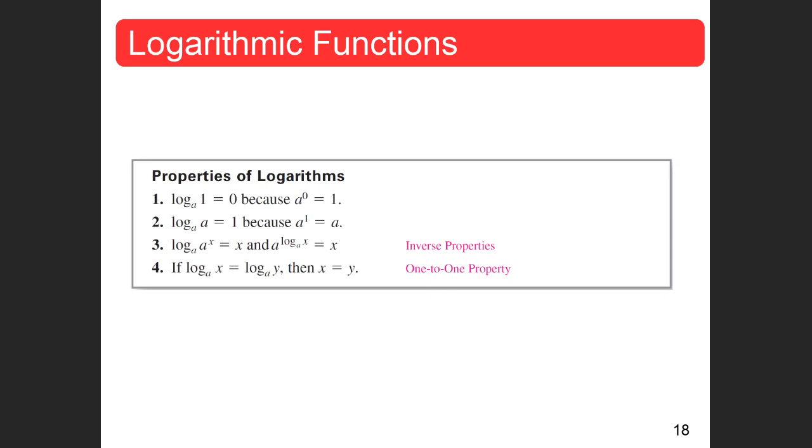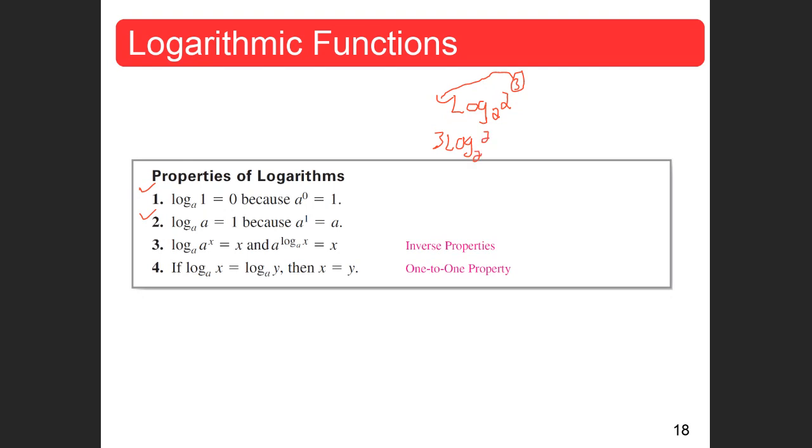Properties of logarithms. We already talked about 1 and 2 previously, but this one is a little different. It says the log base a of a to the x is equal to x. Basically, if you had the log base 2 of 2 cubed, you can bring that 3 out in front. So you can rewrite this as 3 times the log base 2 of 2.